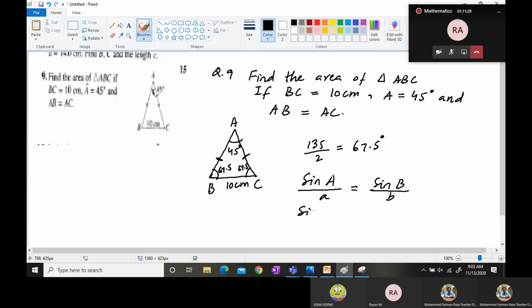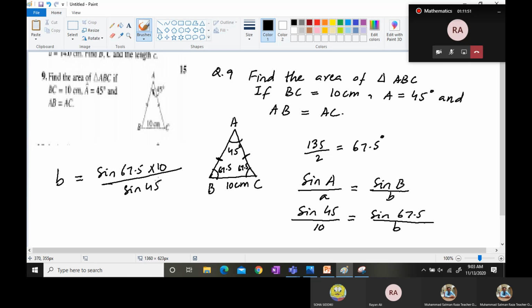So sine A is sine 45 upon 10, sine B is sine 67.5, and I'm going to find this b. So how will I find b? b will be sine 67.5 times 10 divided by sine 45.